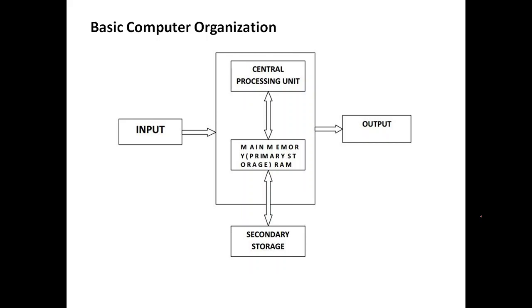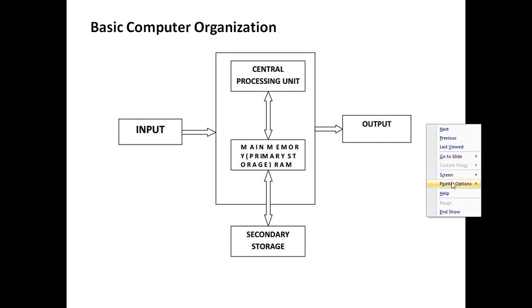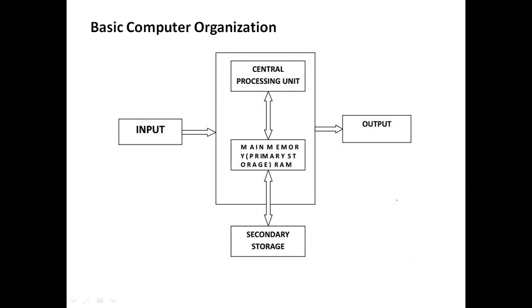In this basic computer organization, these are the things that are going to be organized. We'll have the input unit, the unit through which we give the input, and next we'll have the output unit, where we monitor all the results.